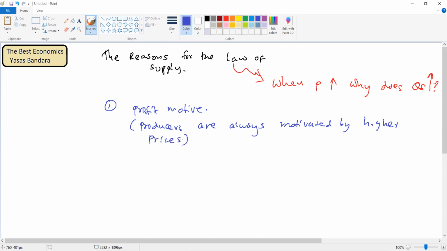That is the very reason why they started the business, right? The reason why they started the business is to gain more profit. So when the price is high, the high prices signal the producers that the firm can make more money. So they naturally tend to produce more. Right, that's the first reason.